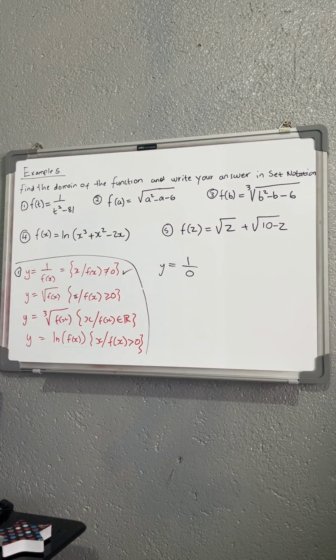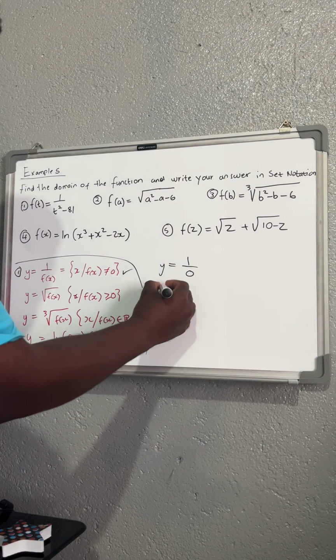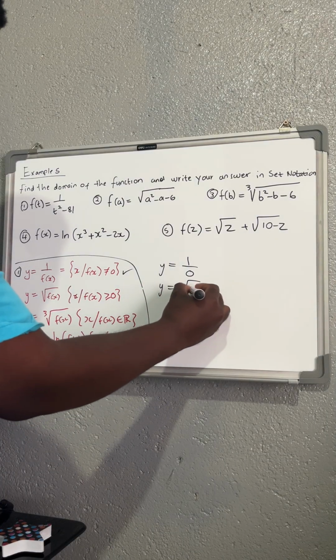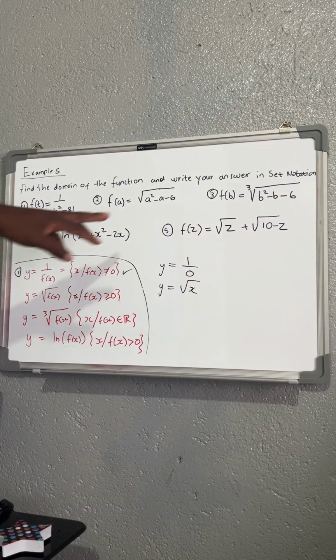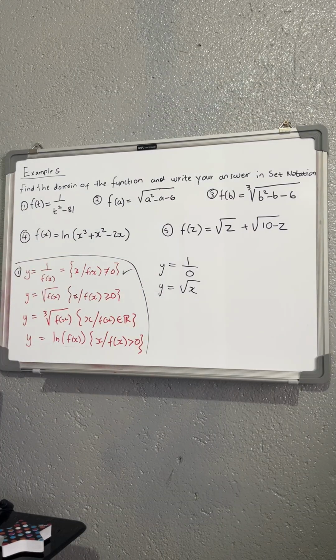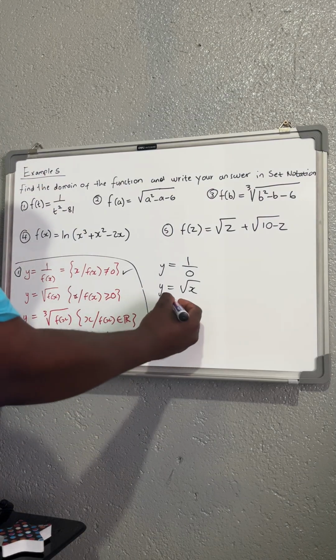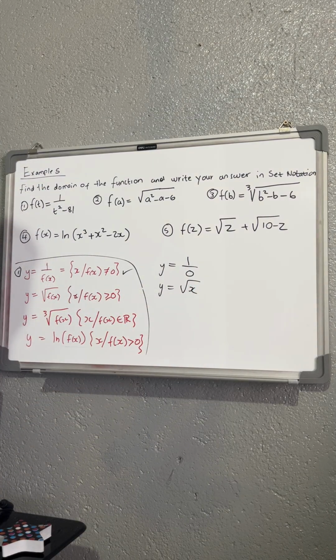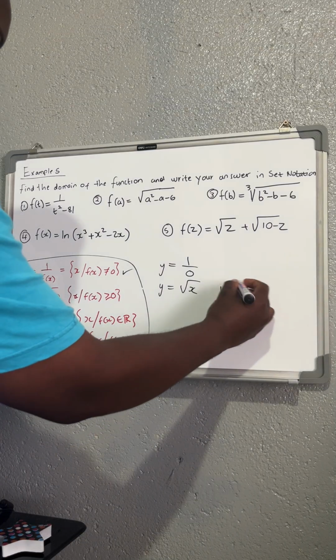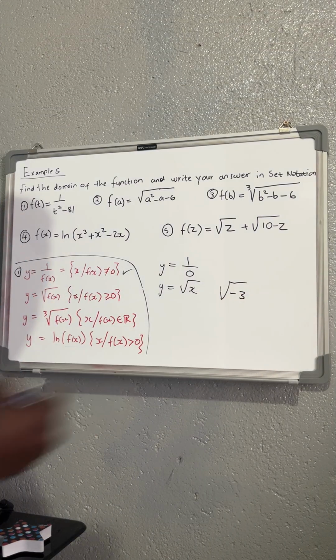And now we come to this one where you have y equals the square root of x. So with this one, what is the restriction, or what actually makes this one undefined? In order for this to be undefined, it's when we have a negative number inside, for example, the root of minus 3.